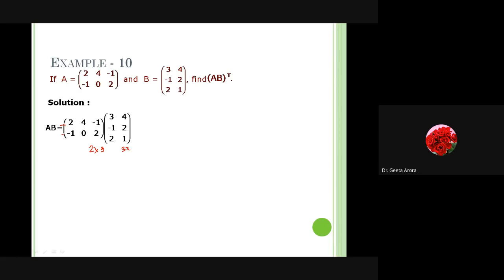Now can you let me know what is the order of A cross B? I'm asking all of you, I'm not taking anyone's particular name. I don't know what you are doing or how busy you are. So let's find out. What is the order of matrix AB? Write down your answer, nothing is to be calculated, just a logical thing I have asked.